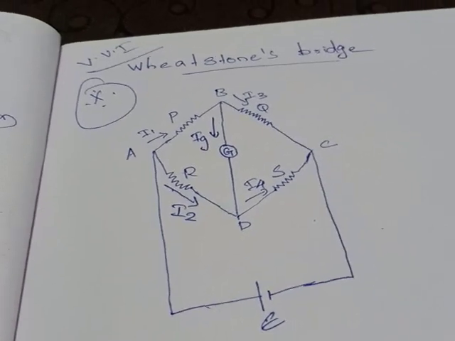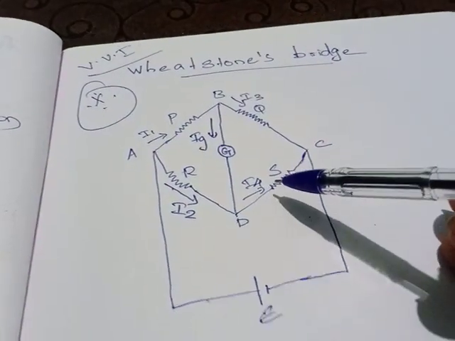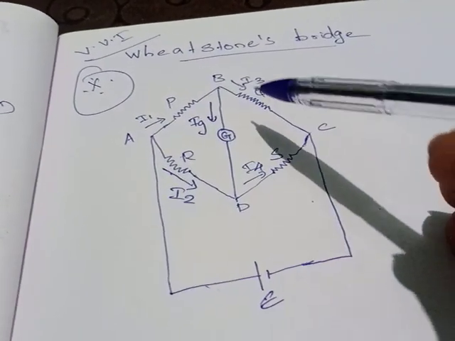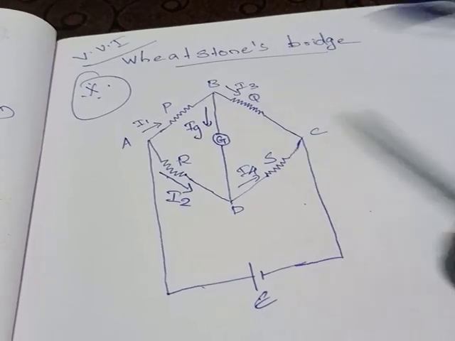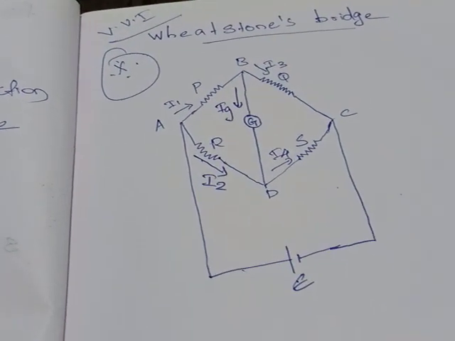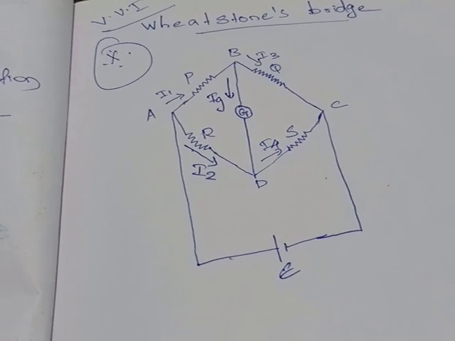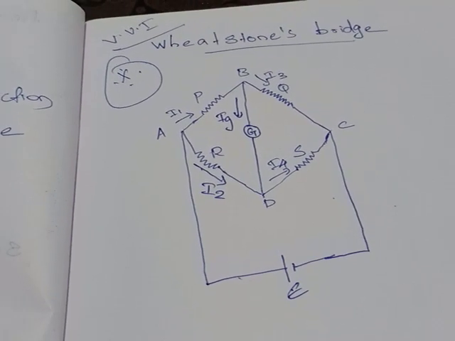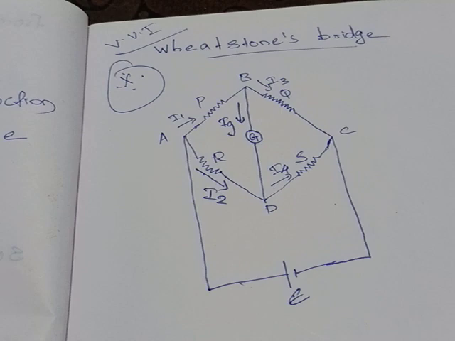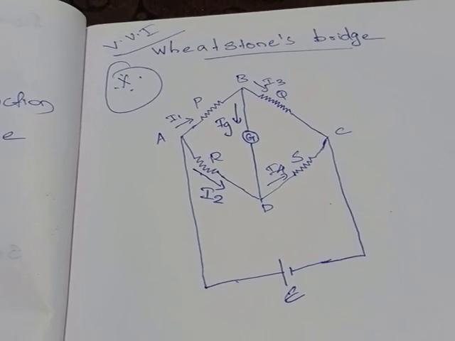Suppose they know 3 resistance values, then they can find out the other resistance value. That is the use of this Wheatstone bridge: it is used to determine the unknown resistance in an electrical network and to compare resistances.